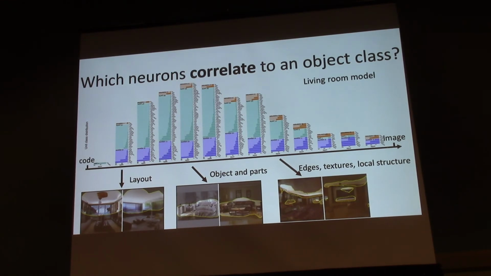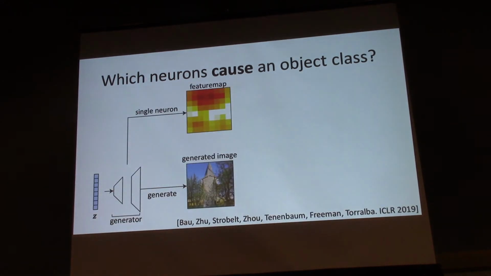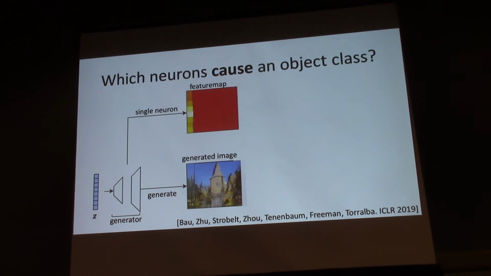But so far, we only measure the correlation between the feature map and the segmentation model. So a neuron might correlate to an object concept, but it may not cause the object concept. So we try to study the causality in a little bit more detail. Again, we run the generator, but this time we force the neuron to be completely off, and we generate an image with fewer tree pixels.